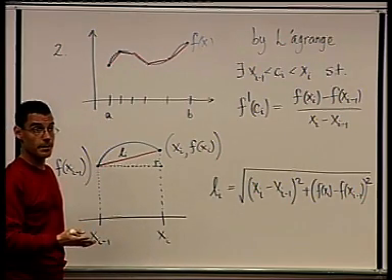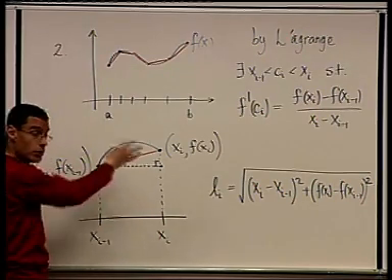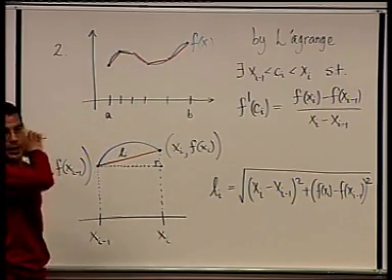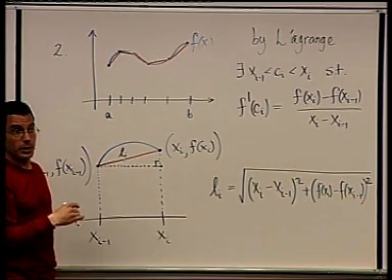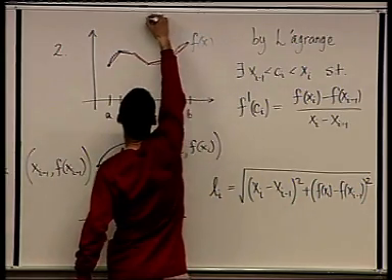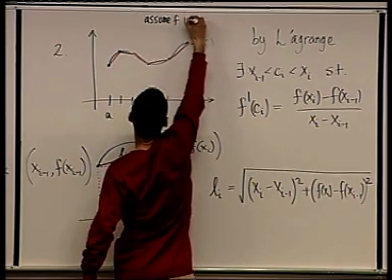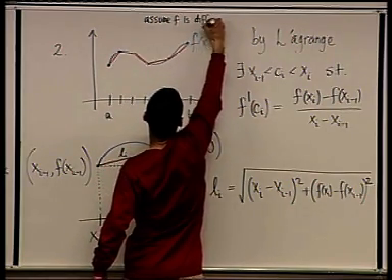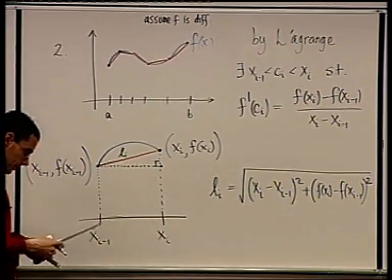Do you agree that this is precisely Lagrange's theorem applied on the interval xi minus 1 to xi? Do you agree? Now, note that in order to say this, I have to require f to be differentiable on this interval. Okay, I'm doing Lagrange. So we're going to assume here that f is differentiable, and of course, continuous.